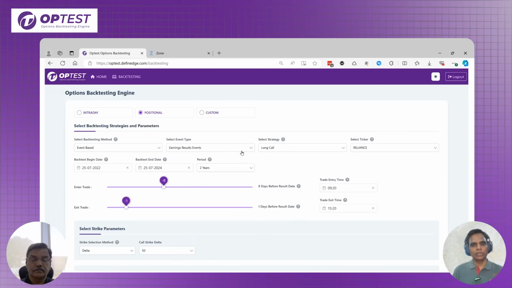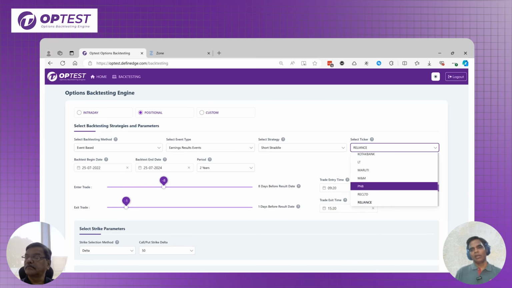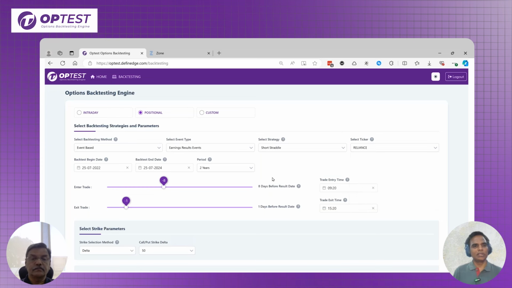After the results are announced, the IV is going to go down and maybe something might be there. So for post-earnings, we have to do a short volatility strategy in this case. Let's choose short straddle, and I think Reliance is fine.